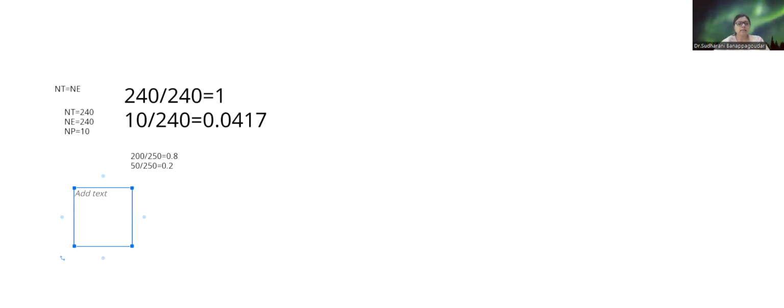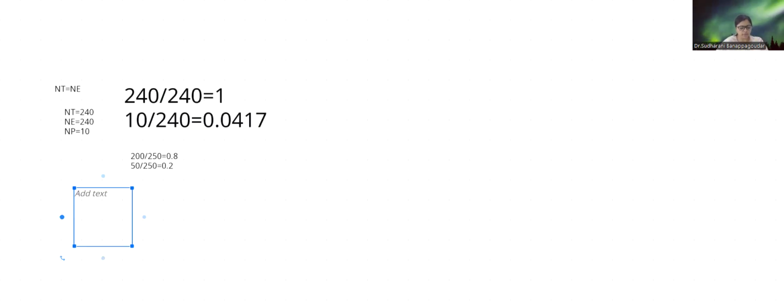Now let us understand the same thing with one more new example, which can give a little clearer idea. The formula remains the same, that is F equals NT upon NE. Now we will substitute with a new example.